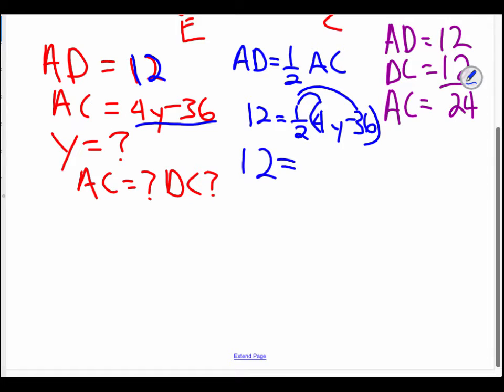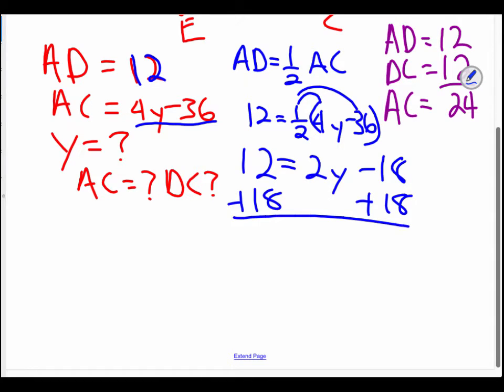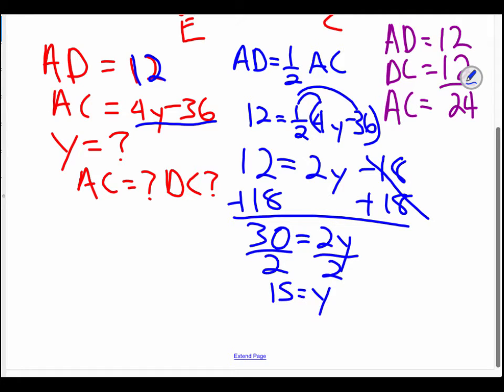What's 1/2 of 4? 2. So I got 2y. What's 1/2 of 36? 18. So I got negative 18. Now I'm going to solve for y, so I add 18 to both sides, and I get 30 is equal to 2y. Divide both sides by 2, and I get 15 is equal to y.